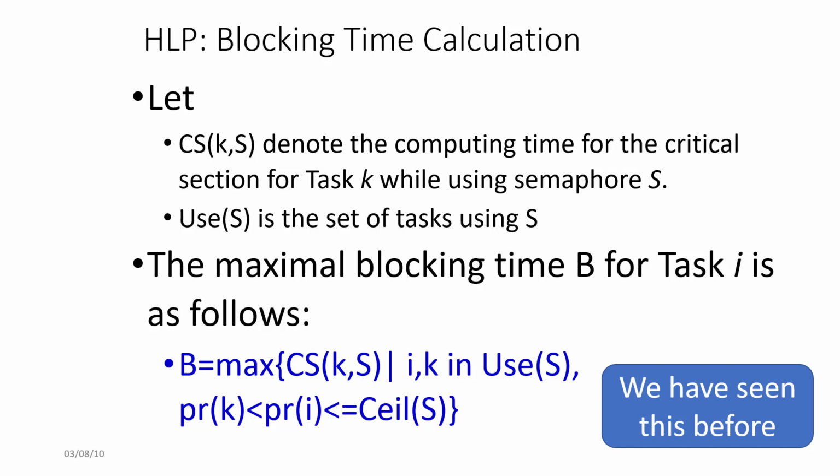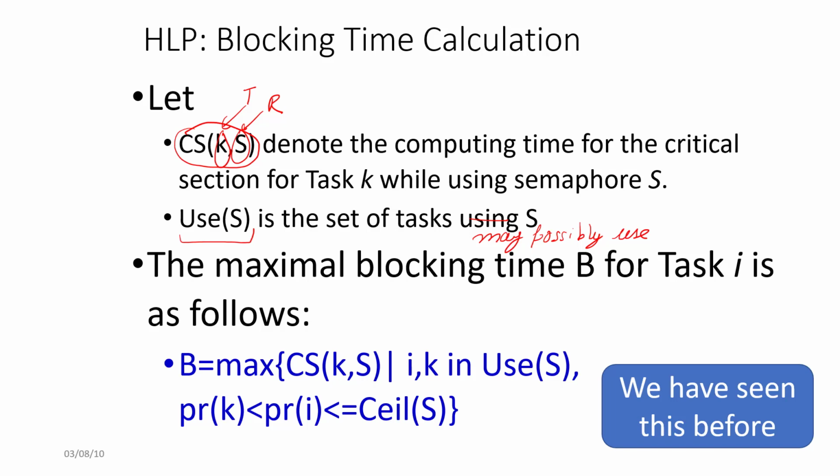Again, the calculation for the blocking time is quite similar. We have seen this expression before, where C_S,K is the critical section time for task K and resource S, right? This is the task, this is the resource. Use S is the set of tasks that may possibly use S. So the maximal blocking time B for task I is as follows.